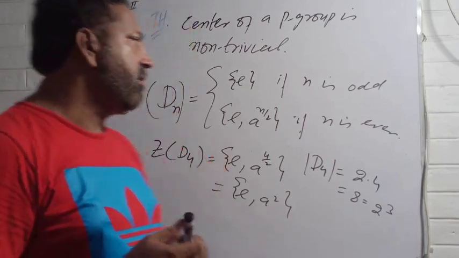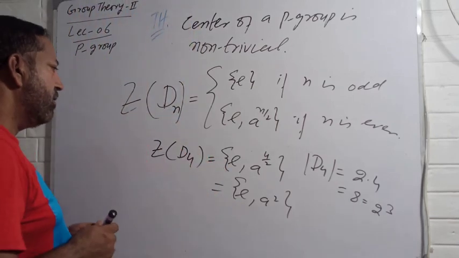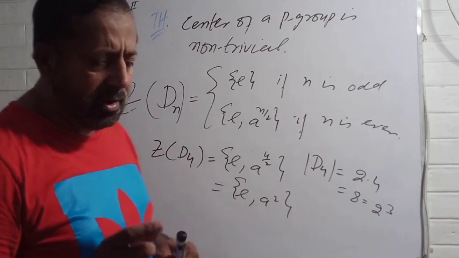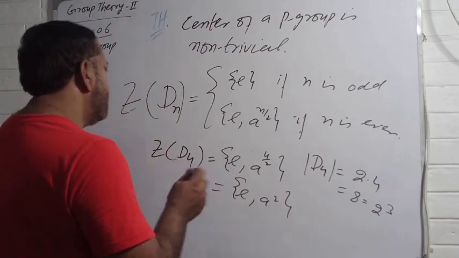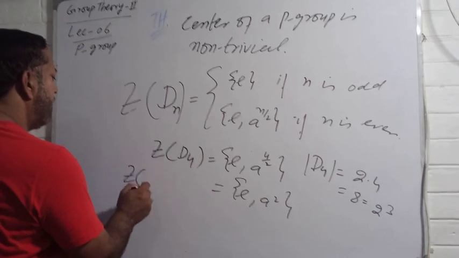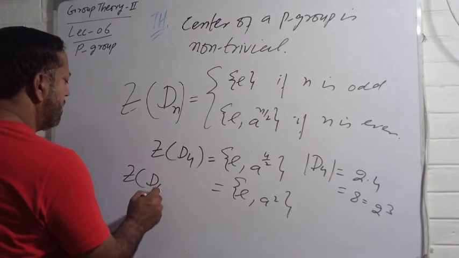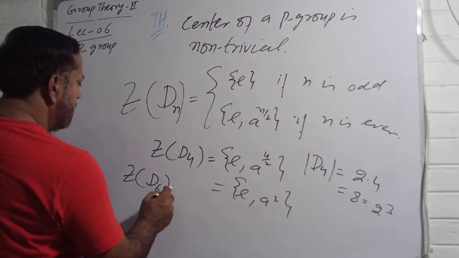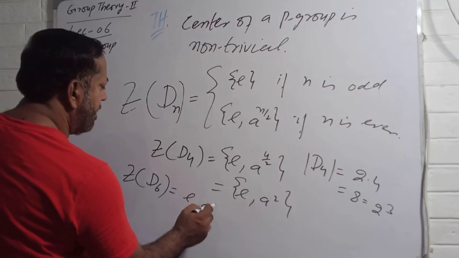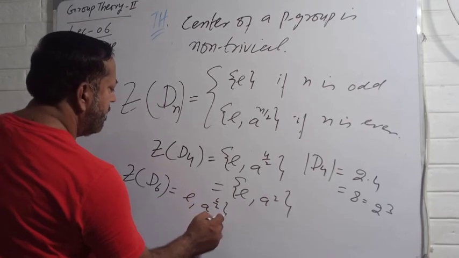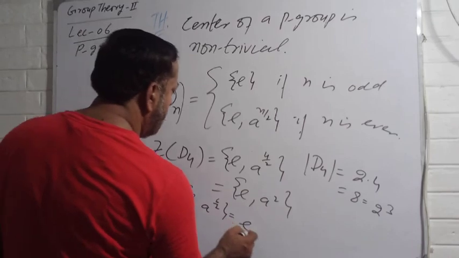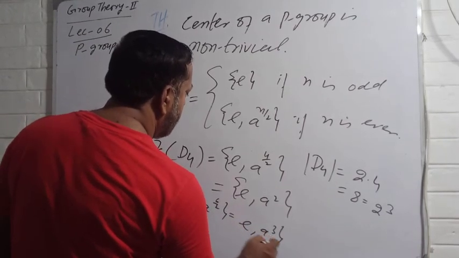Similarly, you can find the center of D6. The order of D6 is 12. The center of D6 is {e, a^(6/2)}, which is {e, a^3}.